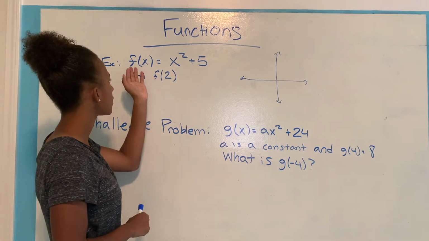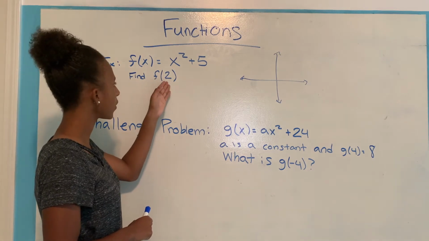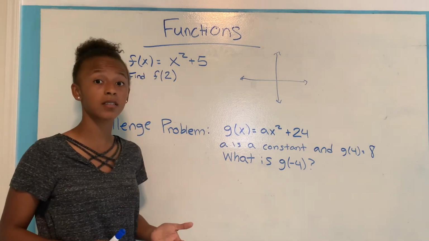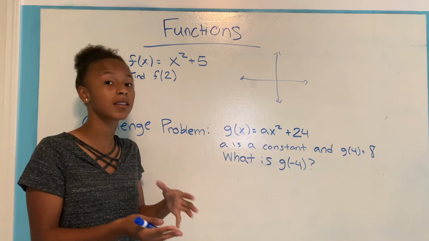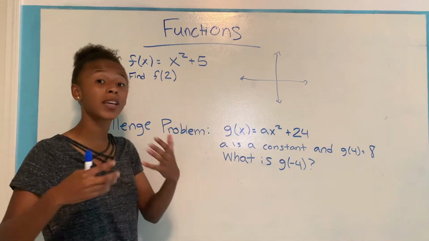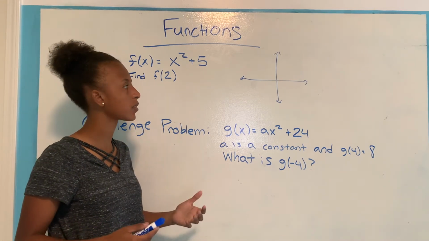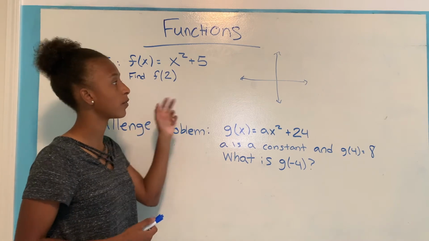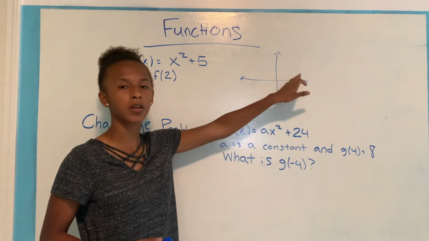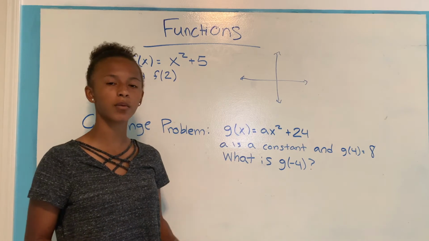So I know it says f of x up here, but really that 2 is x in this case. So you're trying to plug in x, and in this case it's 2, to this problem to get y, right? That's what I was talking about when you plug in a value of x to get y, and that's going to be on your graph.